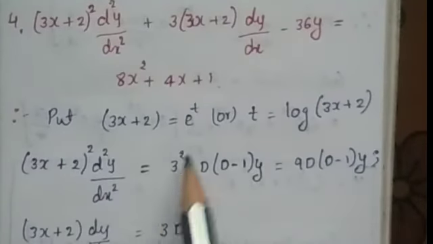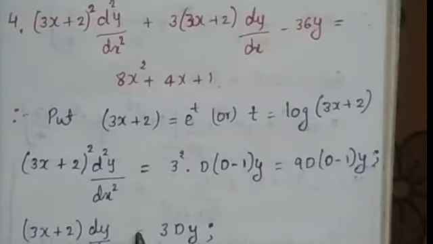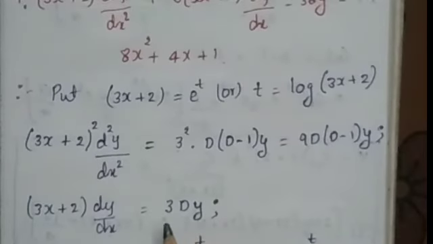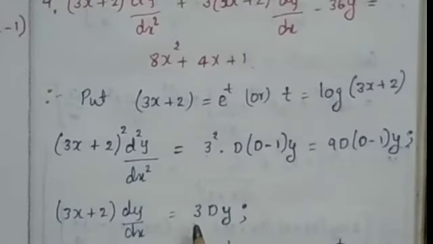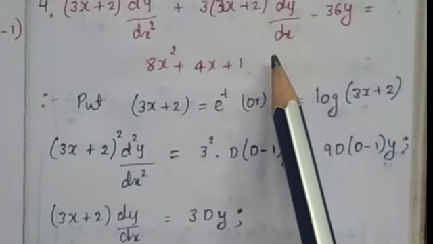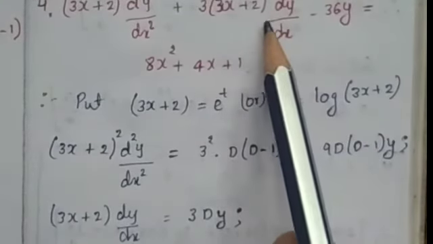Then (3x plus 2) dy by dx is of the form (ax plus b) dy by dx, which is equal to a into Dy. The a value is 3, so (3x plus 2) dy by dx can be written as 3Dy.